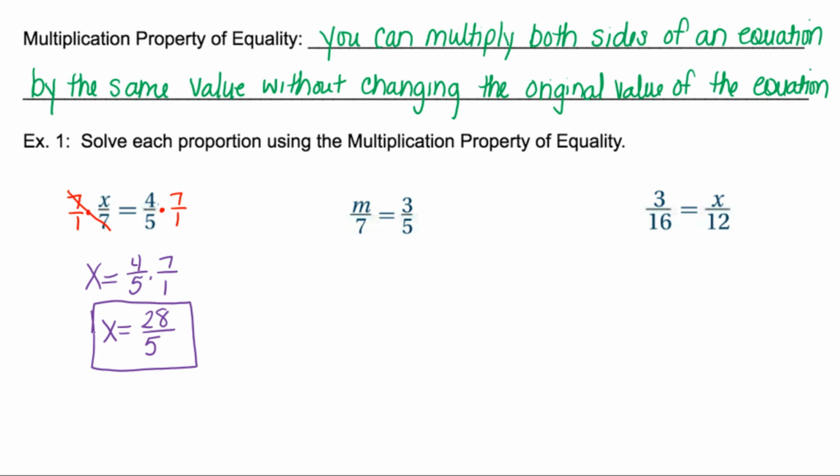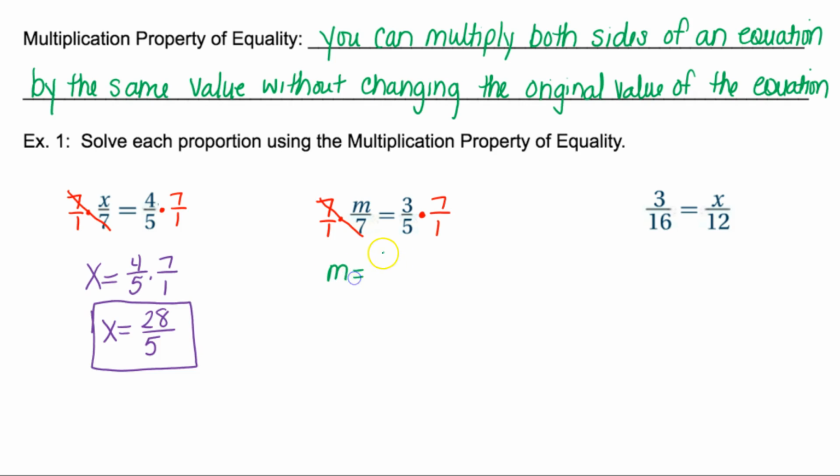All right, so the second one, m over 7 equals 3 over 5. It just happens to be a 7 again. It doesn't mean that that's always the case. So here I'm going to multiply both sides by 7 over 1. So the 7 cancels out there.